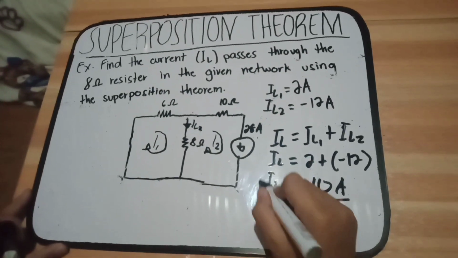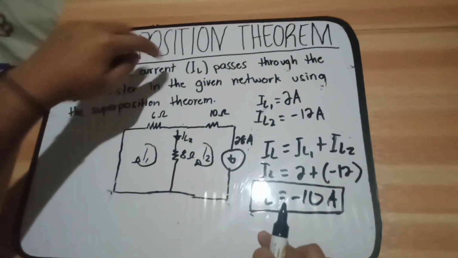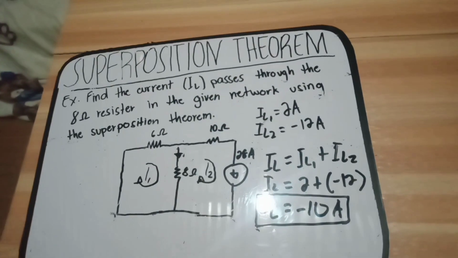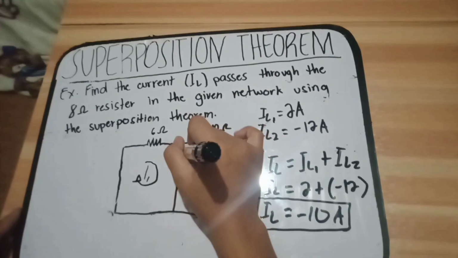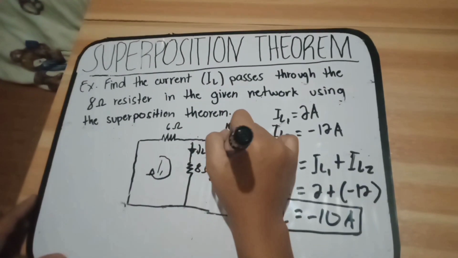So, this is the final answer. Ngayon, ang current IL natin that passes through the 8 ohms resistor is negative 10 ampere.